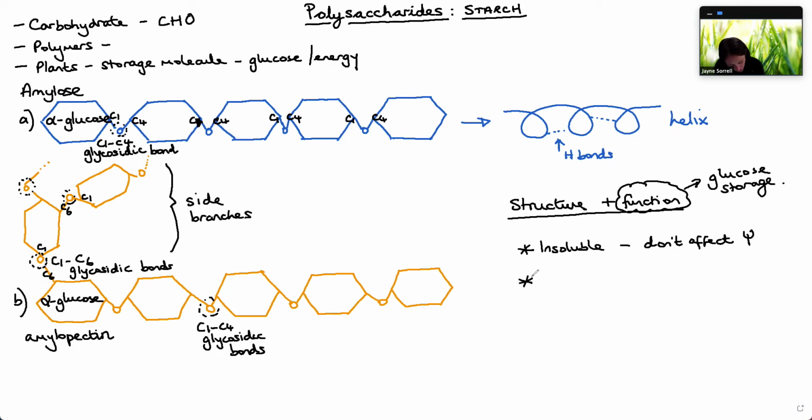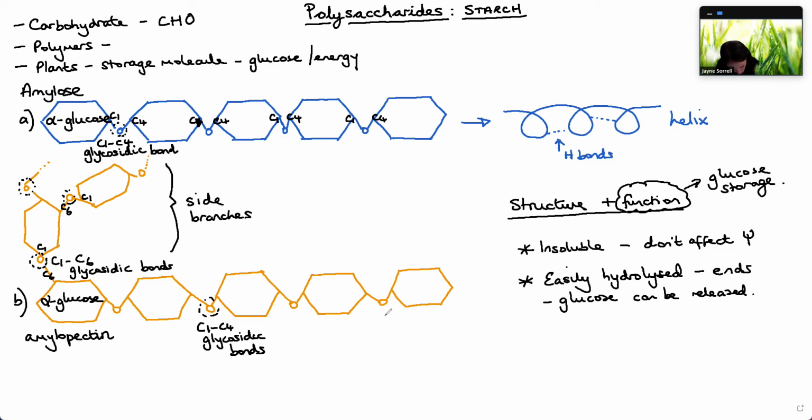Another answer that you might give is that they're easily hydrolyzed, and that we will explain in just a moment. They're easily hydrolyzed because there are lots of ends, and therefore glucose can be released from the molecule. Now, what do we mean by hydrolyzed?